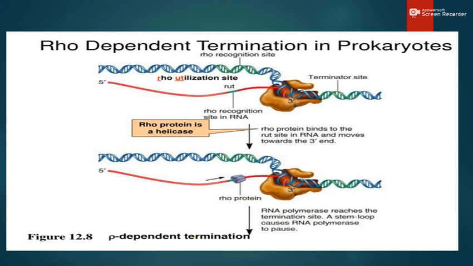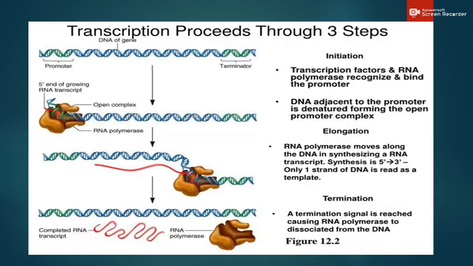As a result, the termination of transcription will happen. So transcription in bacteria, I mean prokaryotes, mainly has three steps: initiation, elongation, as well as termination. And the termination can occur either in a Rho dependent or a Rho independent manner.